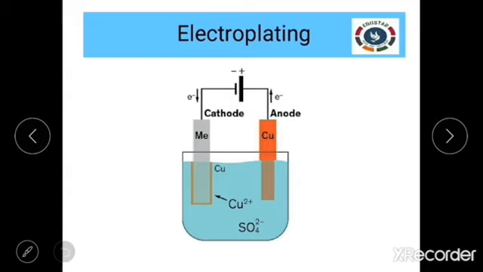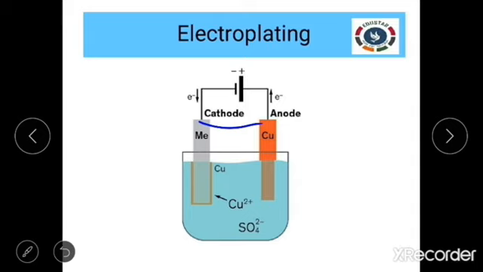Here the metal to be deposited will be deposited at the cathode. Always remember, metal will be deposited at the cathode and the anode will deplete in its composition. On supplying electricity only, these reactions will happen. This electrolytic reaction will happen on supplying some electricity.